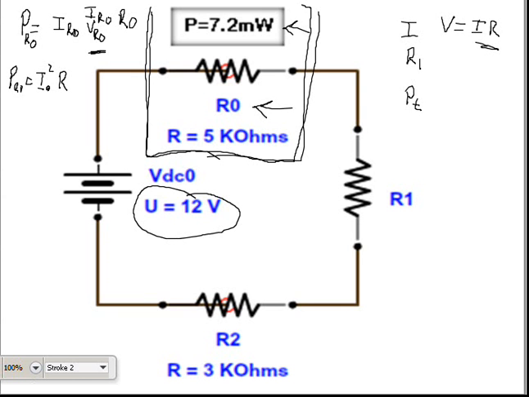We're also interested because that current is going to give us the total current for the circuit, which is going to allow us to figure out the total resistance, which will give us the resistance at R1. It will also allow us to come up with the total power. So that means the current is equal to the square root of power over R0.